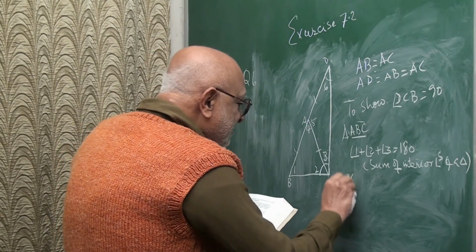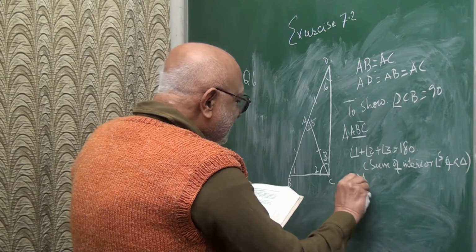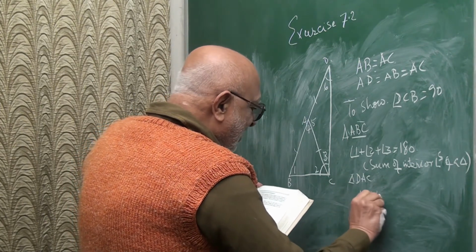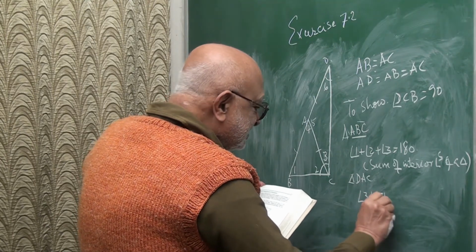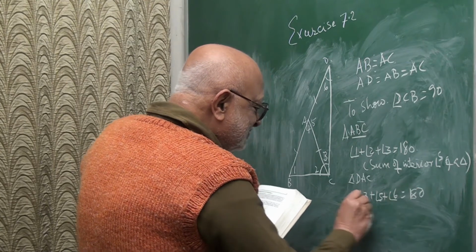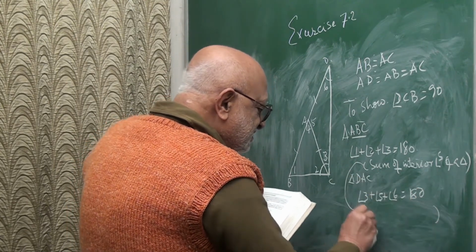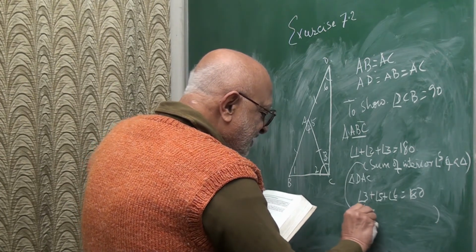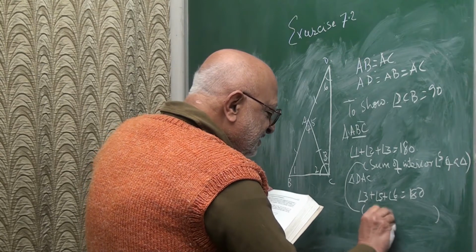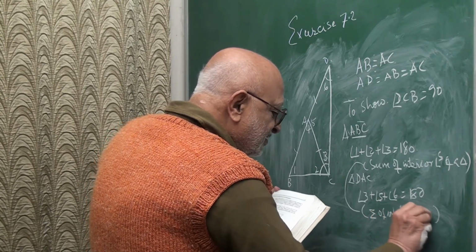Again we take triangle ACD. There, angle 3 plus angle 5 plus angle 6 is also 180. Same reason, sum of interior angles of a triangle.